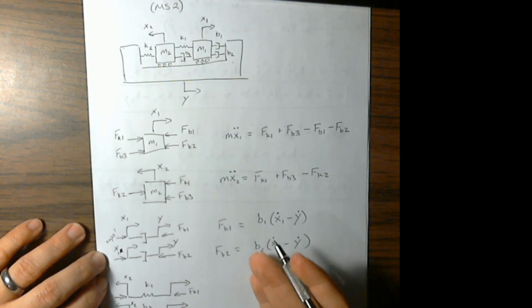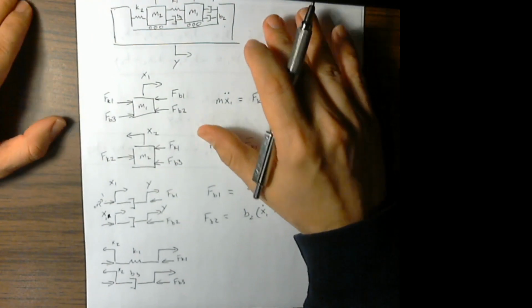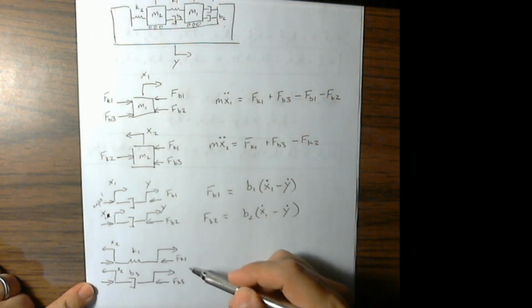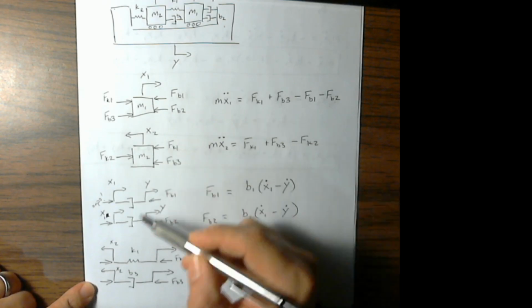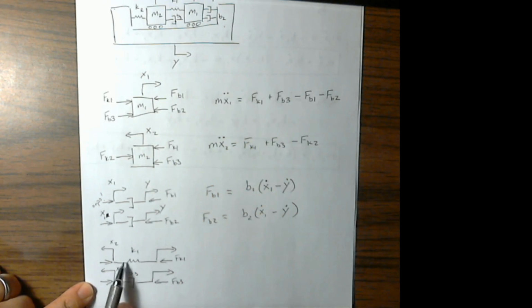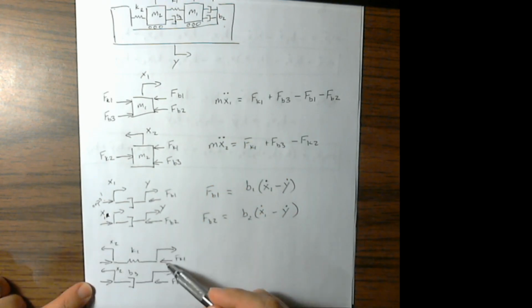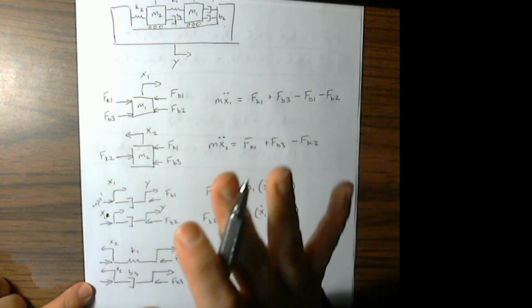Are those consistent with, oops, sorry, I got in my field of view here. Now, are these consistent with what I have here? Because I have K1 here. Let's just say at this point of contact, we're here. Yeah, sure enough. K1's pointing to the left here. It's pointing to the right here. Absolutely. It's pointing to the left here. It's pointing to the right here. Yeah, we're okay. Everything's okay.